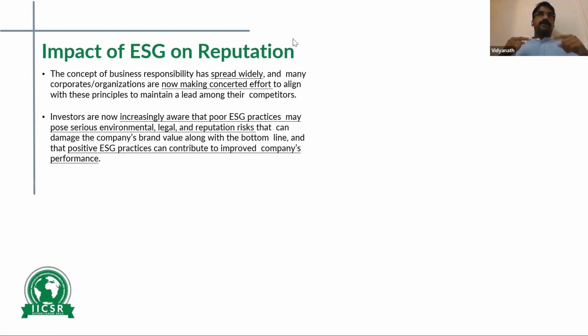If IKEA decides कि all these suppliers should follow my code of conduct, my rules, my company, my rules, my supply chain, my rules, then Welspun should abide by IKEA's rules.